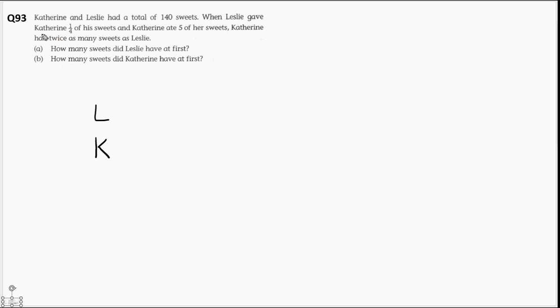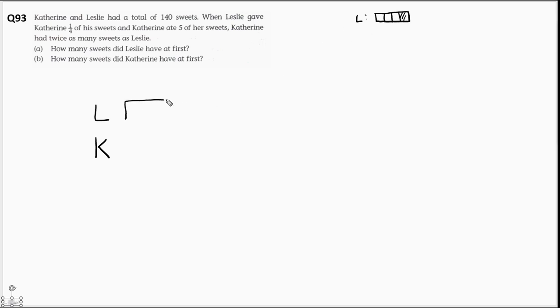When Leslie gave Catherine a quarter of his sweets, so for me that means that if we say this is Leslie's original bar, and it's split into quarters, and he gives away a quarter, he's going to be left with 3 quarters.